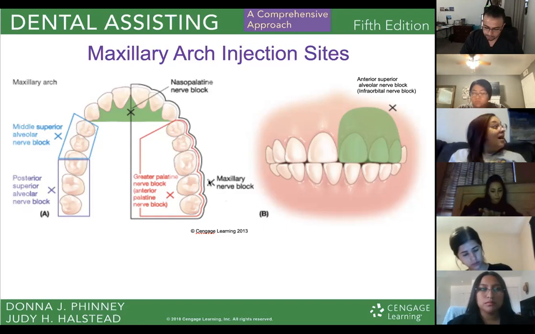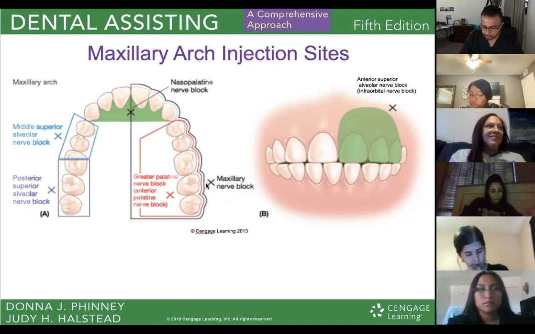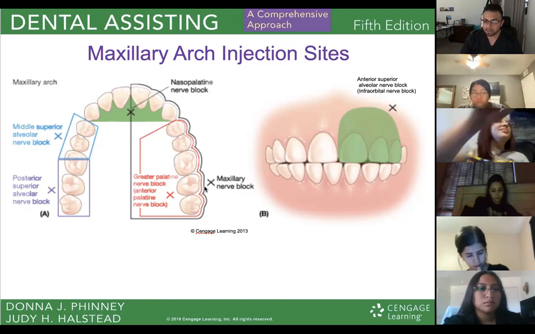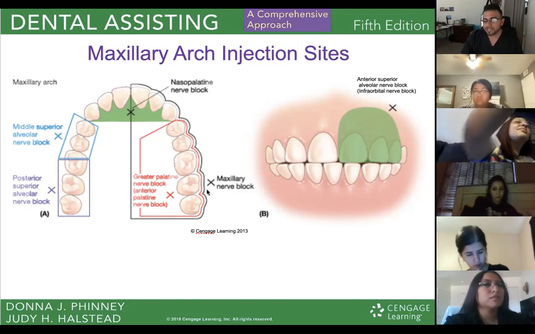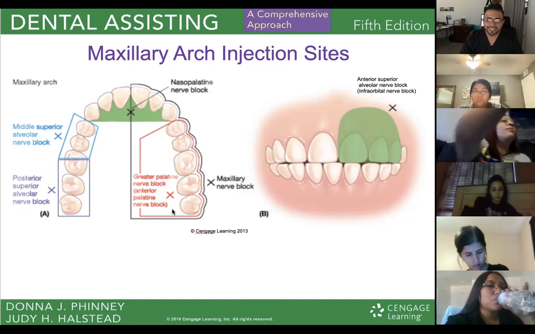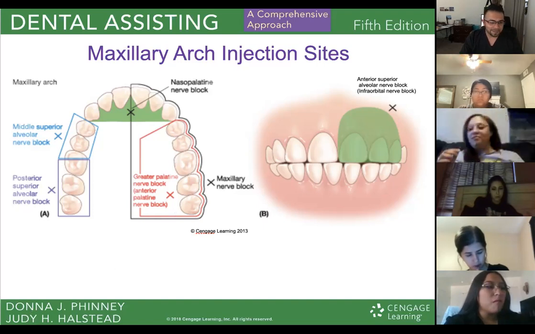What it will numb is the buccal, palatal, and pulpal tissues in one quadrant. It'll also cover the skin of the lower eyelid, the side of the nose, the cheek, and the upper lip. So when the patient tells you, my eyeball feels numb, that's normal. Just reassure them of that.